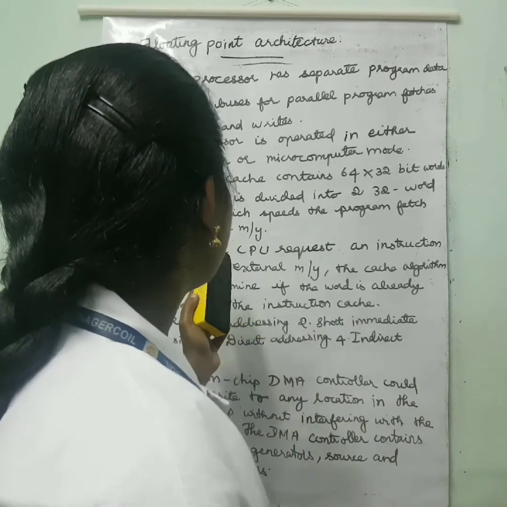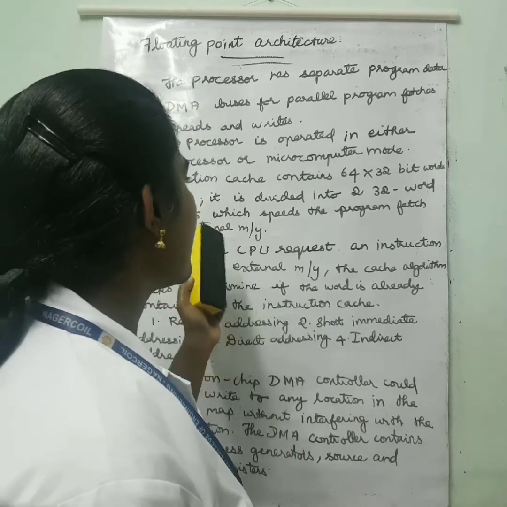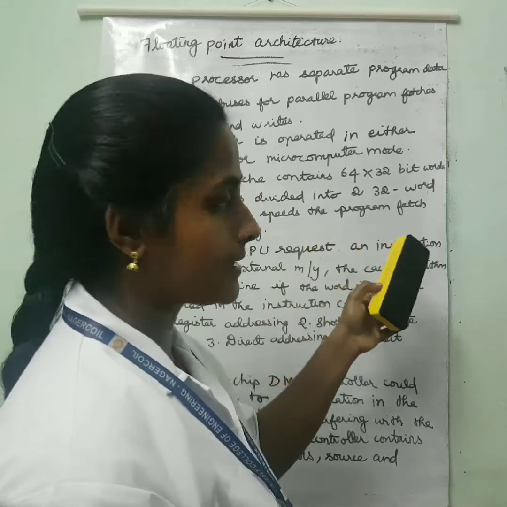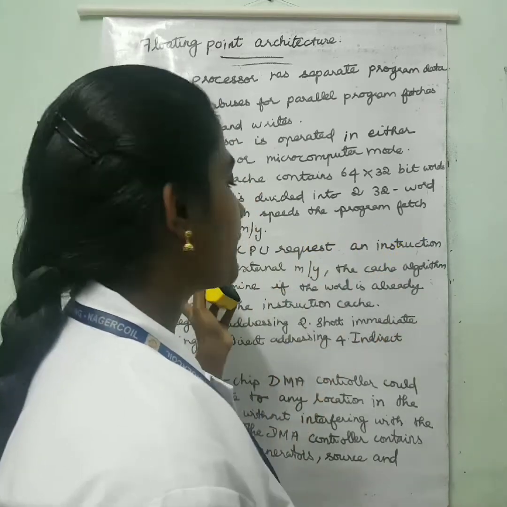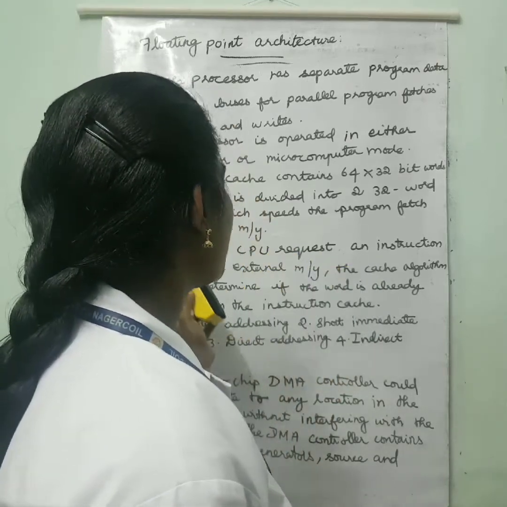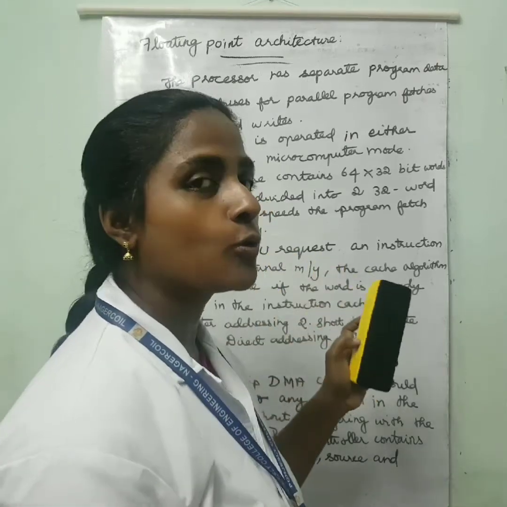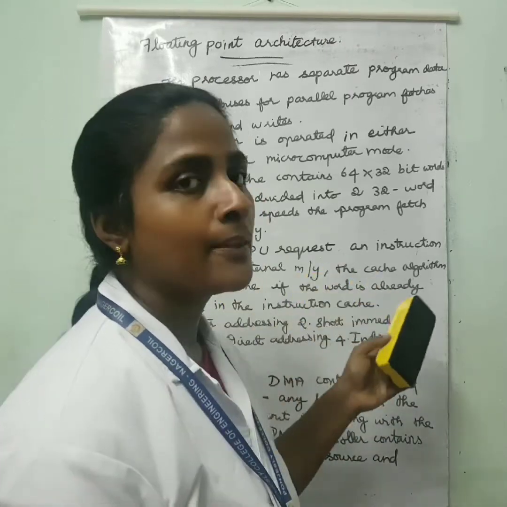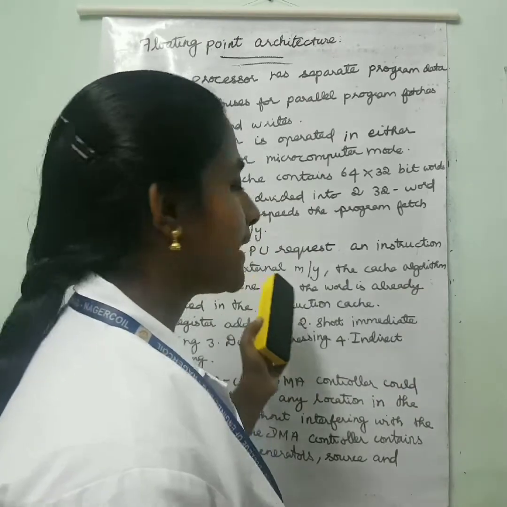The instruction cache contains 64 by 32-bit words of RAM. It is divided into two 32-word segments, which speeds the program fetch from external memory.